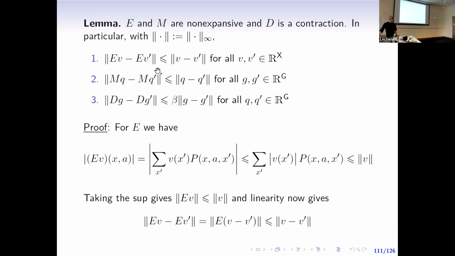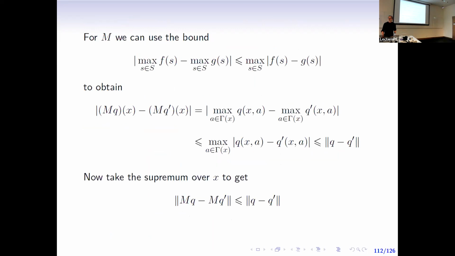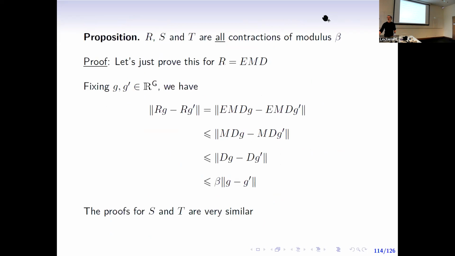And then it's easy to show that expectation is not expansive. Maximization is not expansive, it doesn't make distances bigger. And discounting contracts. So when I put these things together, for example, R is first I'm going to discount, then I'm going to max, and then I'm going to take expectations.